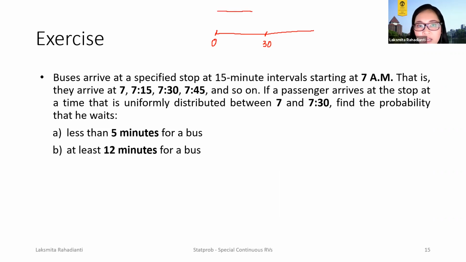It is uniformly distributed between 7 and 7:30, aka minute 0 and minute 30. So this is my alpha and my beta, my bottom limit and my top limit of when this uniform distribution is valid.